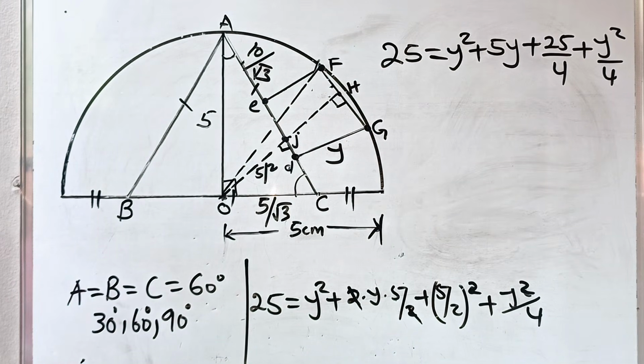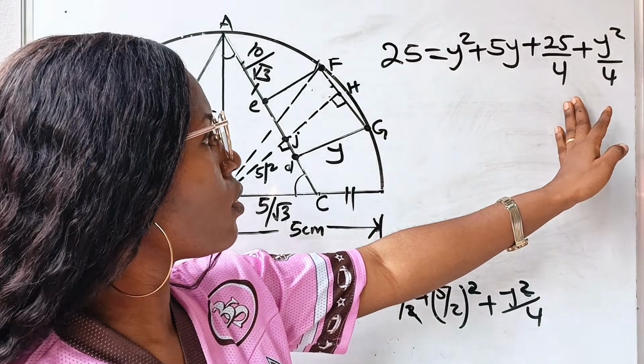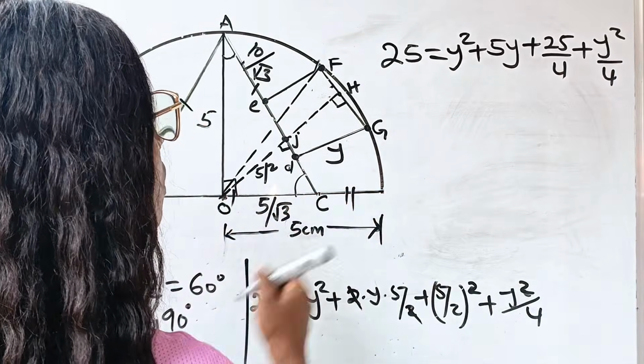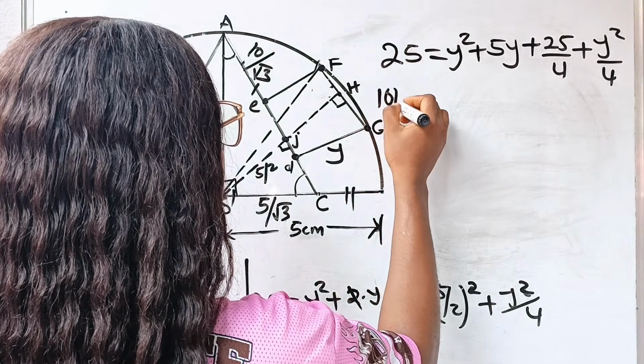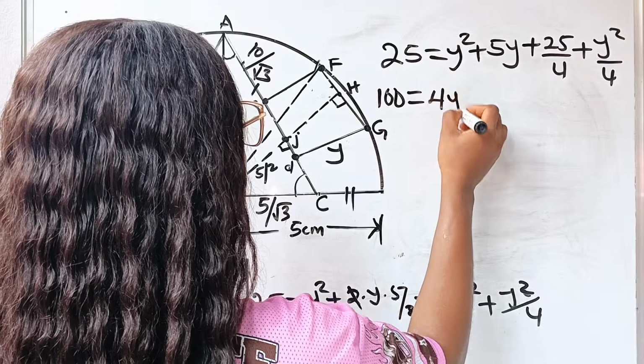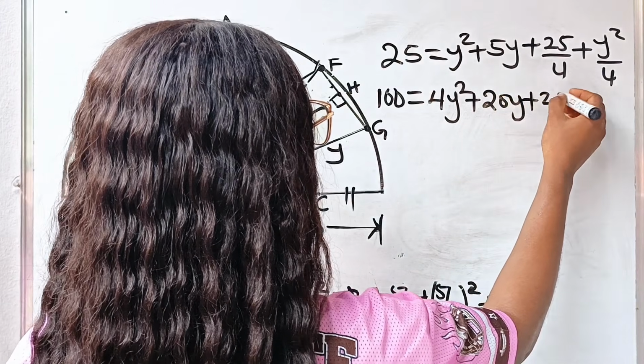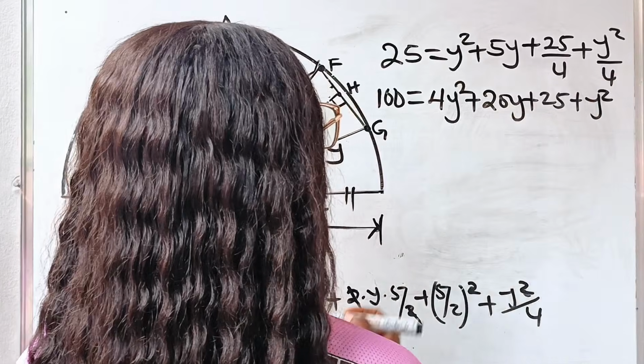Now, we can actually multiply through by 4 in order to remove these denominators. So 25 times 4 is 100 equals 4y squared plus 20y plus 25 plus y squared.